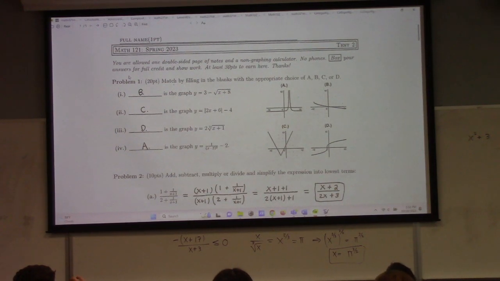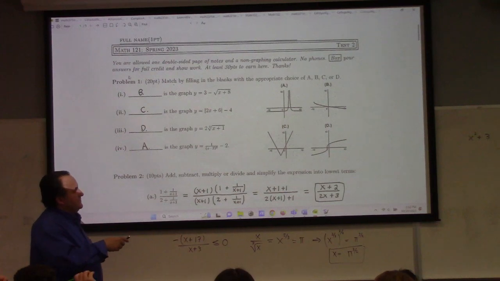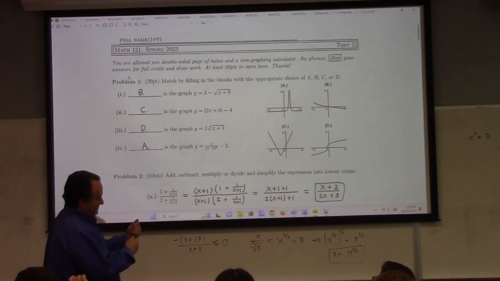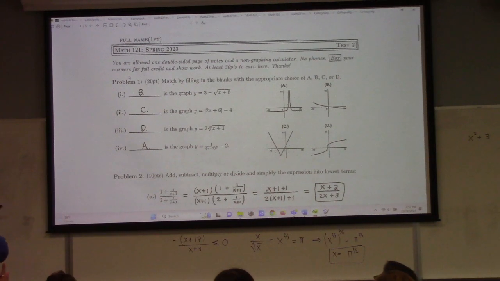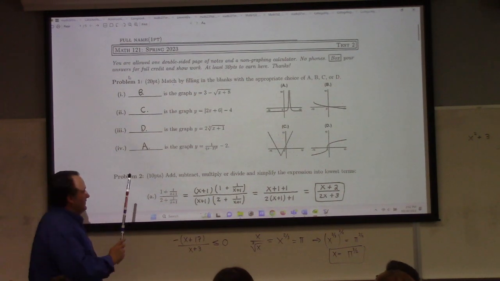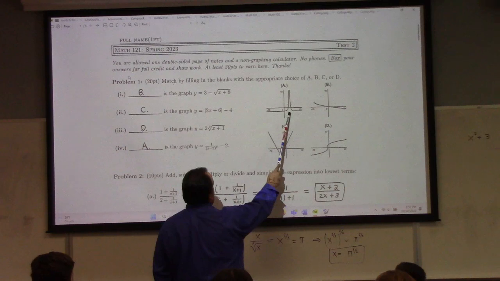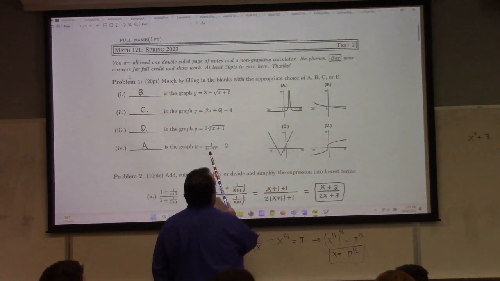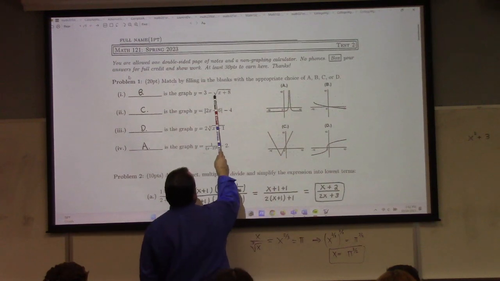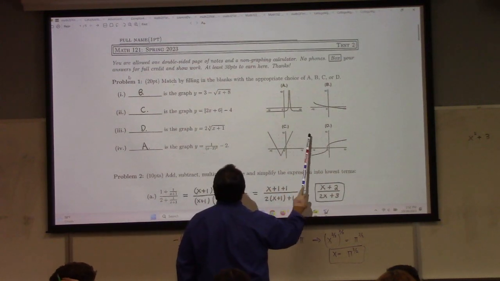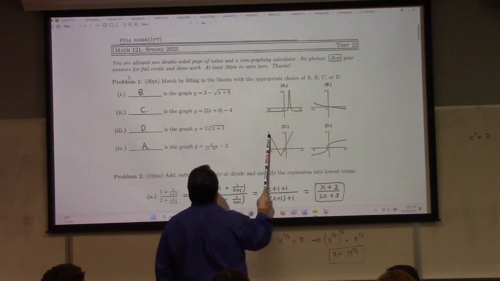You've got some graphs. That's what the graphs look like. Volcano. Upside down square root, that one. This is a cubic, that one. Absolute value, that one.